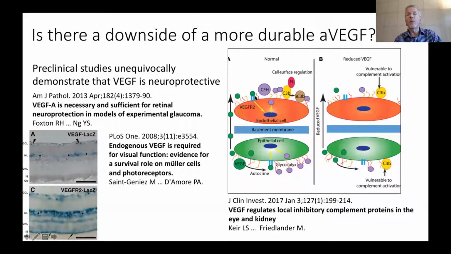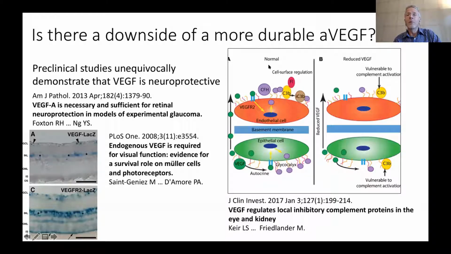The way the complement system is held in check is by a number of complement inhibitors. The pathway is always on, and complement inhibitors are what suppress its activity. And one of the things that drives expression of those complement inhibitors is VEGF.